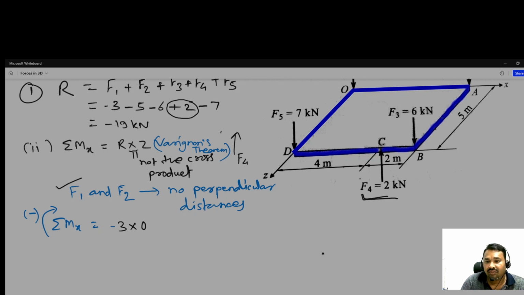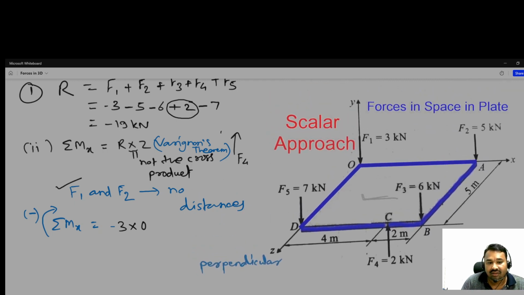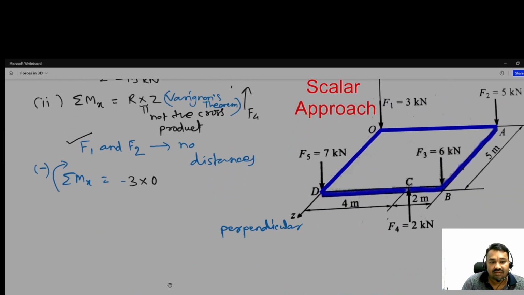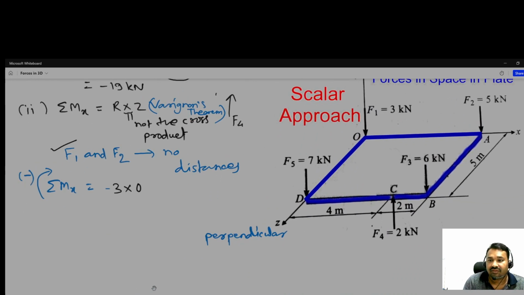And what about F2? Minus F2, 5 multiplied by 0, because it lies in the x direction.